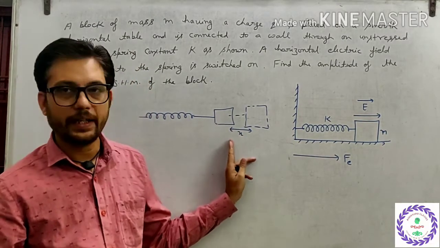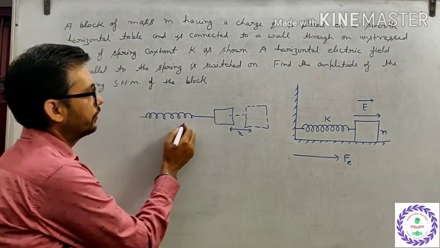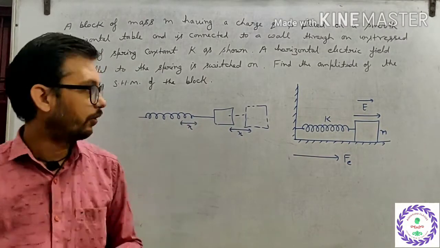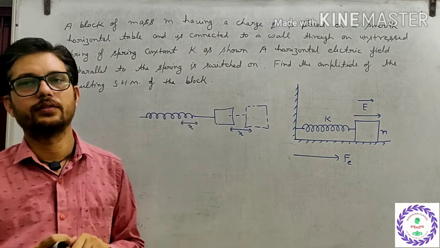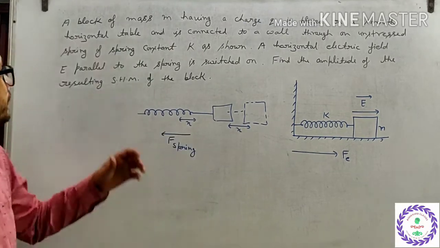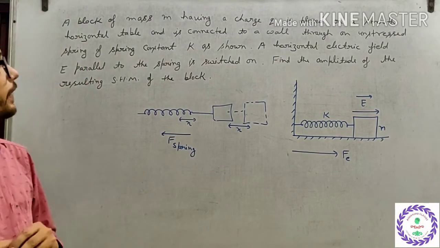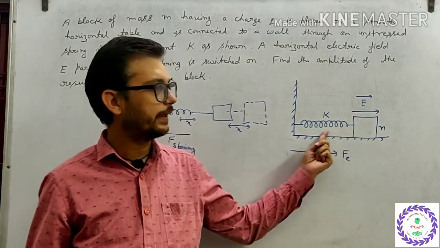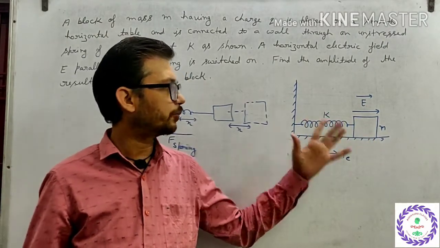The block will be at separation x, and the elongation in the spring will also be x. So this is the next question, and in this question a block M is connected with the spring.